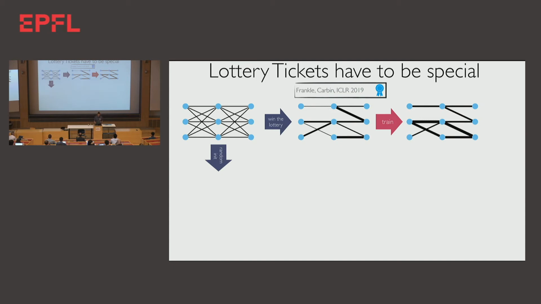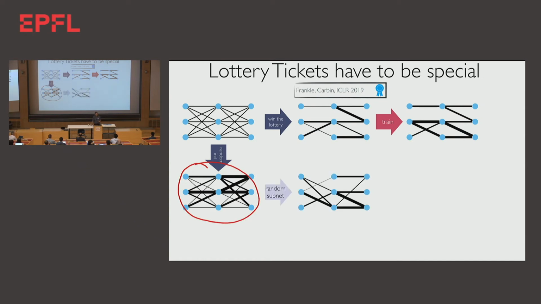What do I mean by that? Let's say I randomly initialize my architecture with Gaussian weights, and I take a random subset of those weights. How do I do this? Let's say I pick the same sparsity level per layer as the lottery ticket. So you gave me a lottery ticket, and I just look at the sparsity levels per layer, and I use that with a random sampling algorithm to get a random sparse subnetwork at initialization.